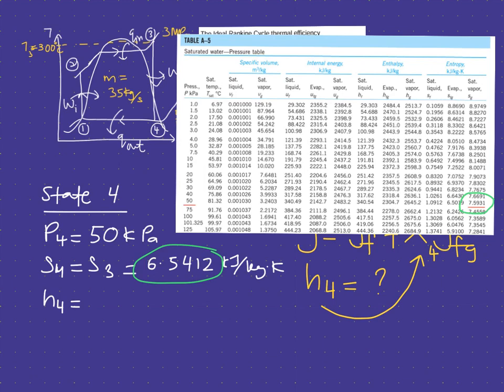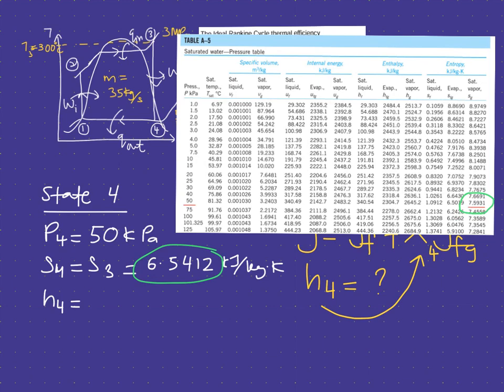So it shows that your entropy at this state is less than the saturated line, which means that state 4 is already in a mixture, right? Because if you had 8.5 something, it would be larger than 7.5, and then it would be in the superheated region, and you would need to read your H4 from table E6.